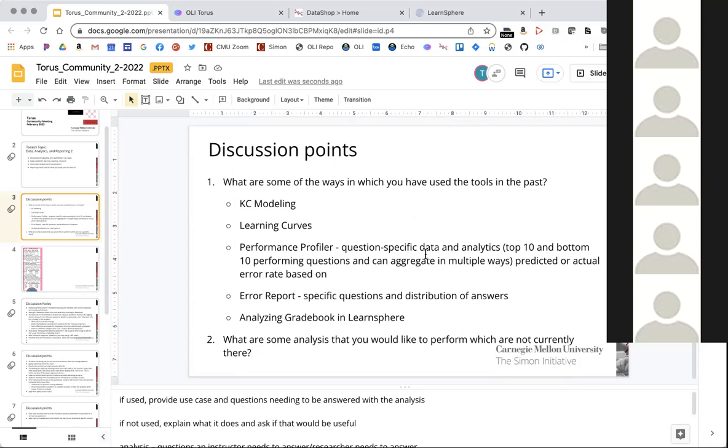Which I think would be really helpful for everyday teachers, but I don't think it's widely known that this exists. And I don't know how widely these types of analyses are performed by everyday teachers, instructors, and educators.